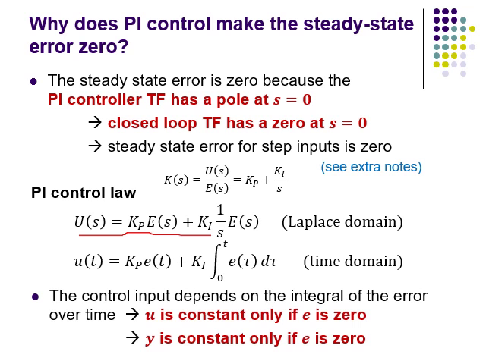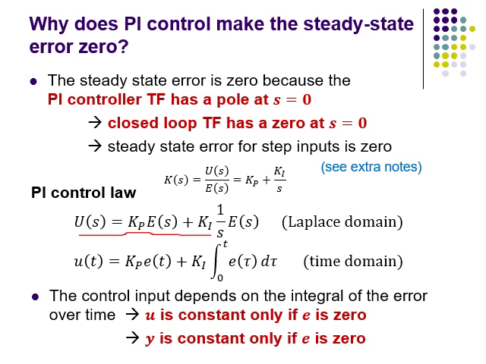So to summarize, the control input depends not only on the current value of the error, but also on the integral of the error over time. And so this means that if E is not 0, then U is not constant.